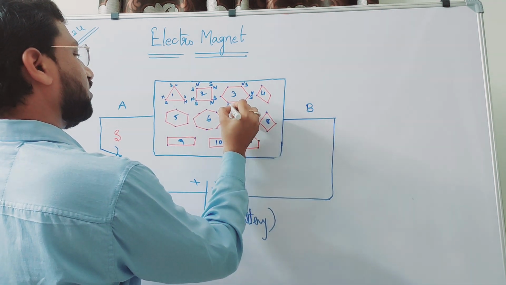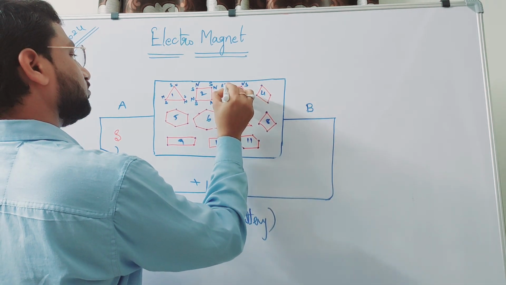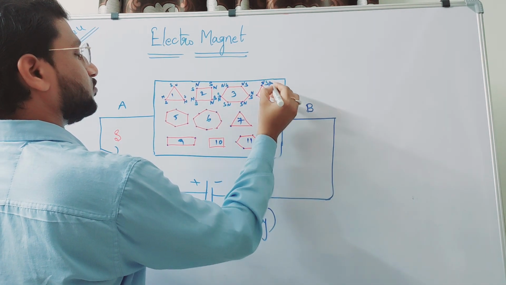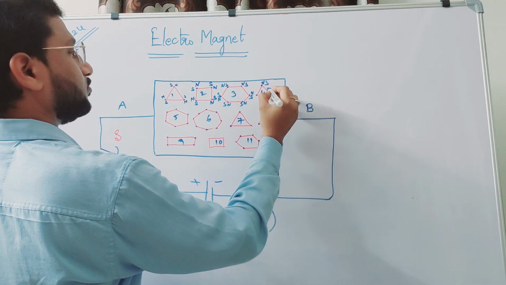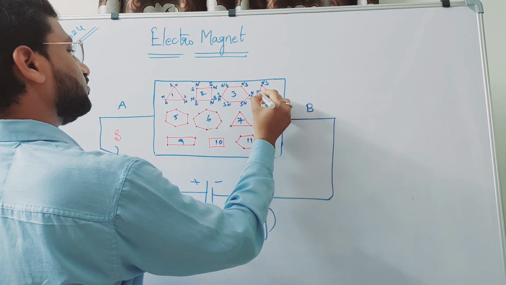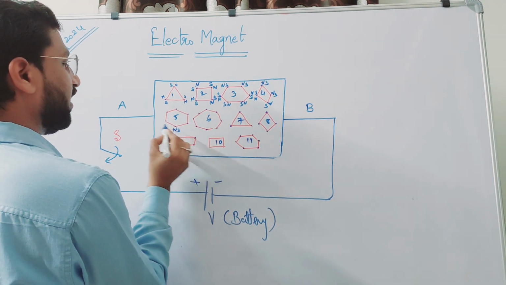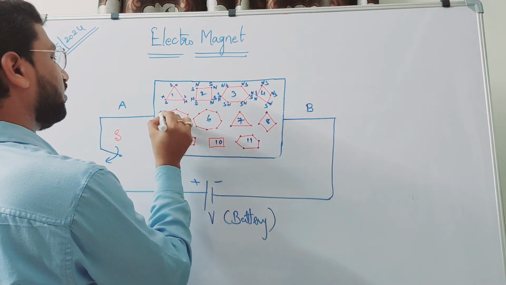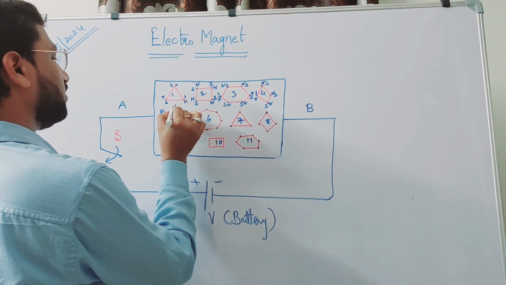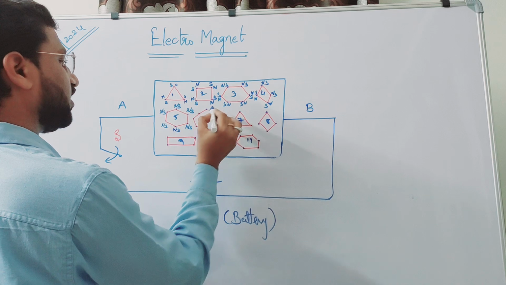Similarly, I am writing for everything. So at each and every corner, whatever the shape may be, there is a combination of NS, that is north and south.